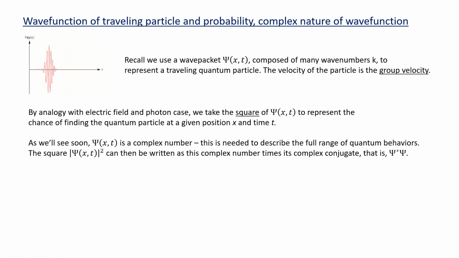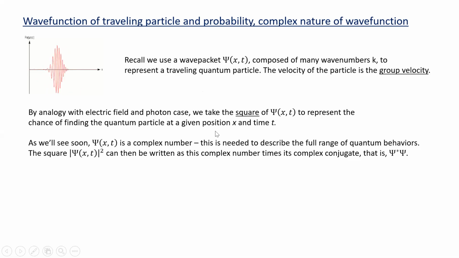Interestingly, as we'll soon see when we get into the Schrodinger equation next class, this wave, what we call the wave function, psi, is actually a complex number. This is needed to describe the full range of quantum behaviors, the interference behavior, and it doesn't mean that any physical quantity is complex, that is, has an imaginary part, but it's just part of the mathematical notation needed to capture the full range of quantum behaviors.